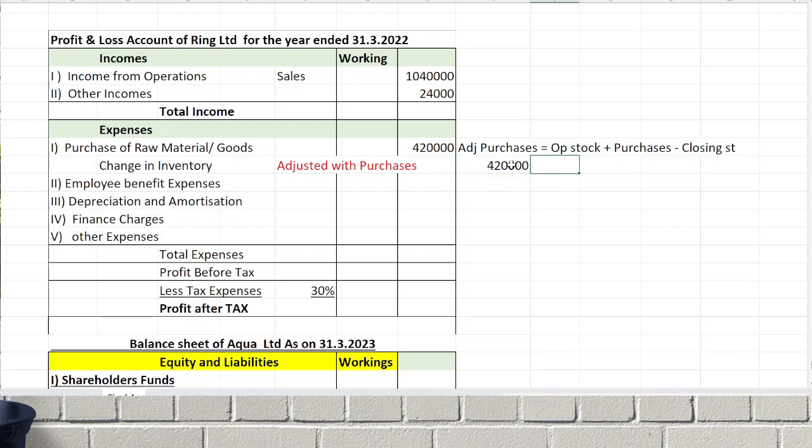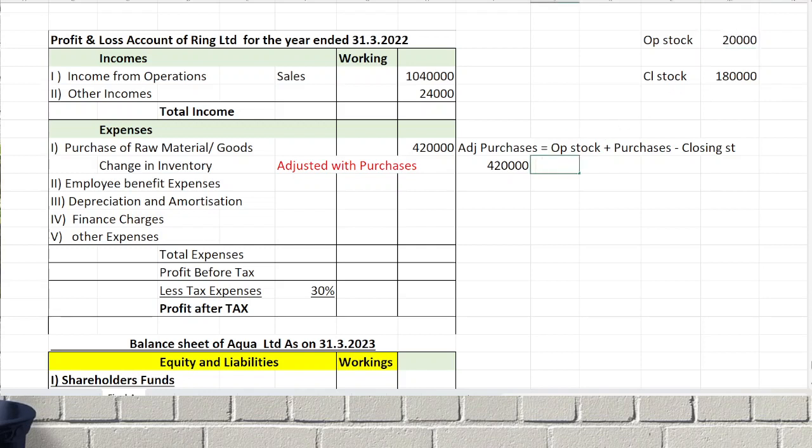If you apply it: adjusted purchases 4,20,000 equals opening stock plus purchases minus closing stock. Closing stock is 1,80,000 and the opening stock is 1,60,000 less, so opening stock would have been 20,000.